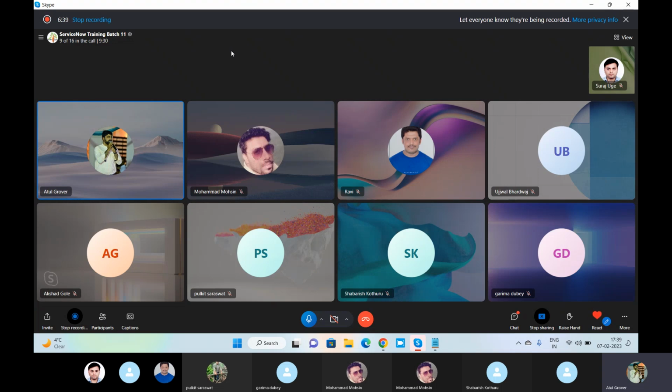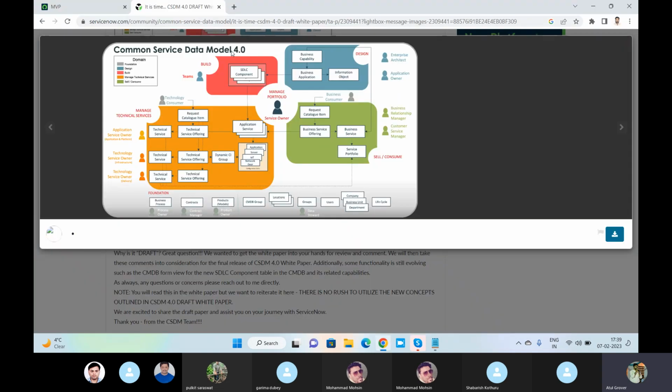For you guys to understand these concepts, if you know the meaning of these terms, this is more than enough at this point of time. To discuss or implement CSDM for a customer, you should know what these words mean. English is normal, I can read it: business application, application service, service offering.